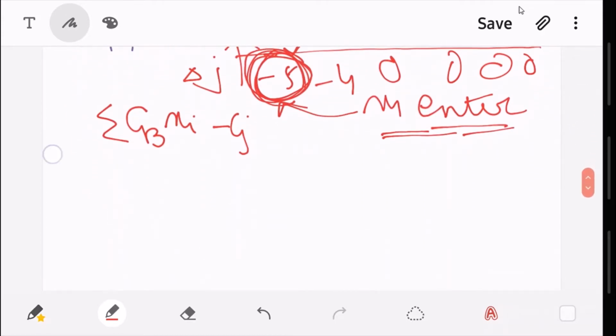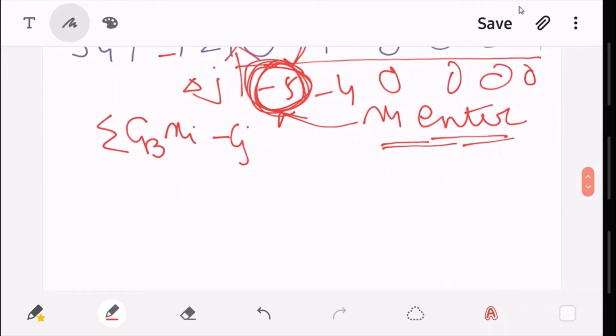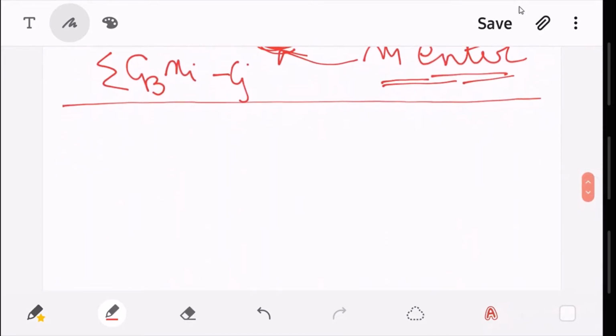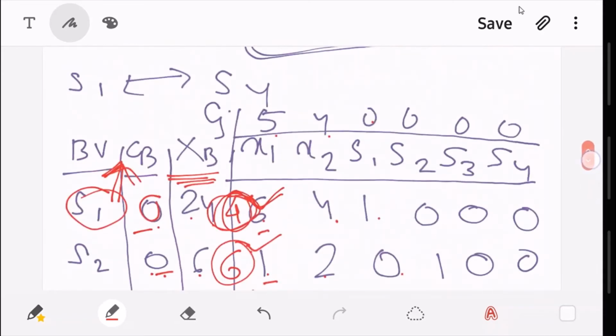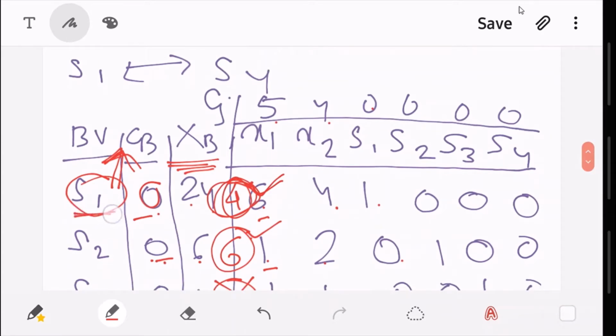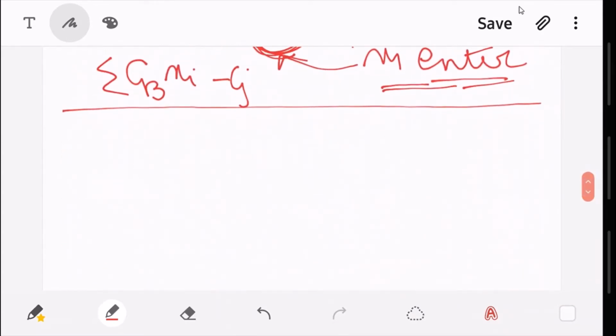So in the basis, for basic variables, because S1 is leaving and X1 is entering, instead of S1 we will write X1. Then the variables S2, S3 and S4 remain the same.